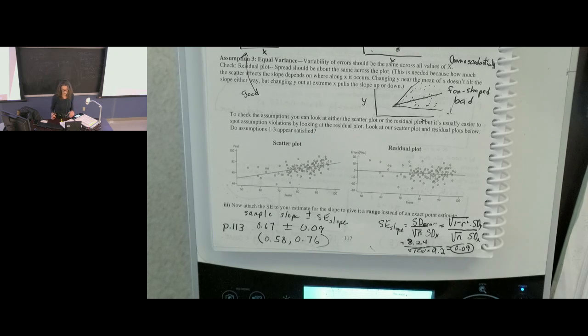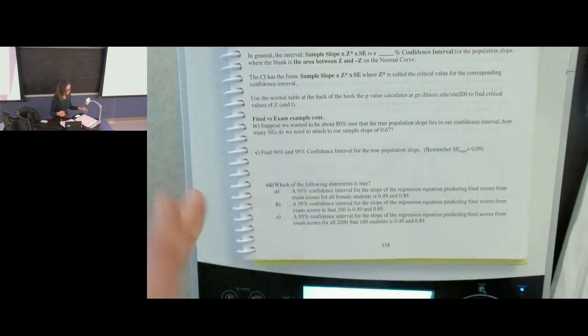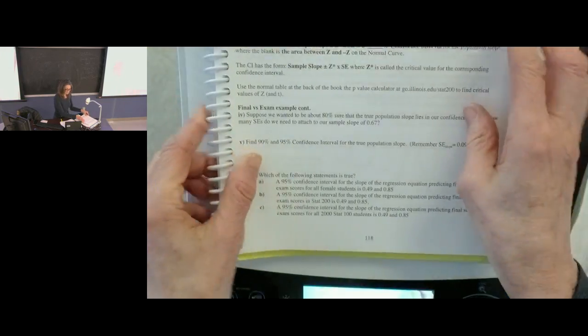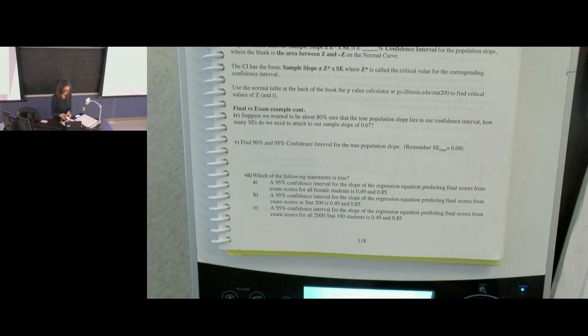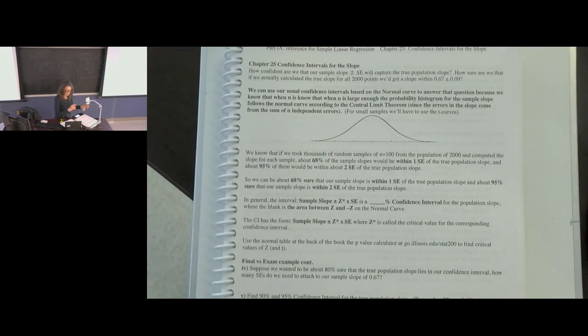And that's what we're doing in chapter 25. So might as well just look at it. Chapter 25: inference, finally, confidence intervals.